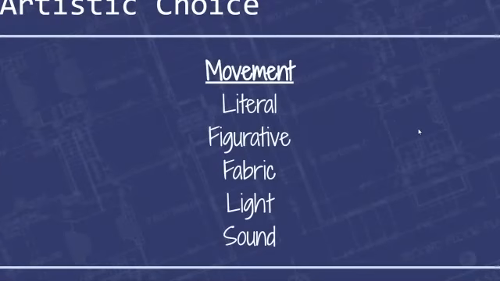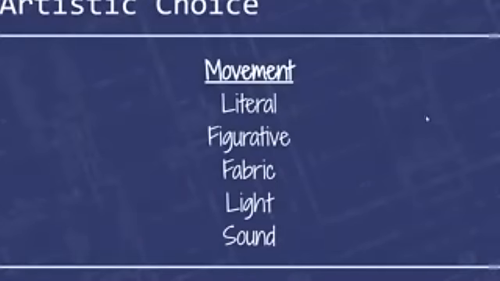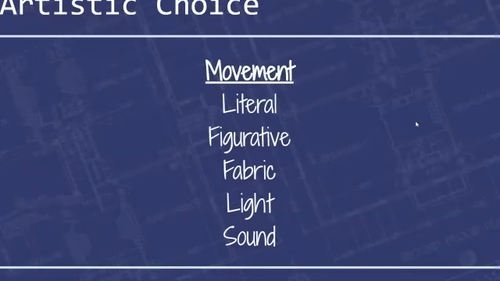Next up, movement. So there's literal movement, like I said. You move a piece of scenery on and off, you fly a curtain out, that sort of thing. But there's also figurative movement. The shapes of your set can sort of draw the eye. If you do a forced perspective thing, you're drawing the audience's eyes to a specific location.